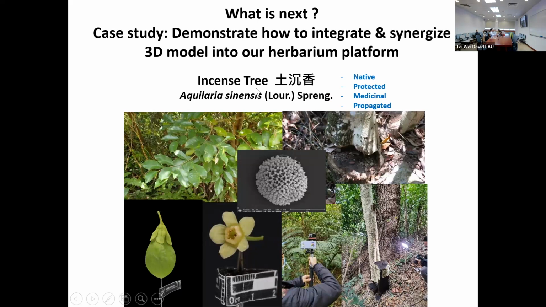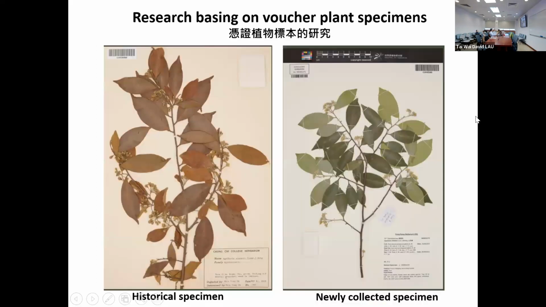I want to show the example of Aquilaria sinensis, the incense tree, because this species is very special: it is native, protected, medicinal, and propagated. First of all, we have to inspect their features and characteristics very carefully from the historical specimen, and also compare it with our newly collected specimen, including the location of collection, the flower structure, every part of the fresh and dried specimen.